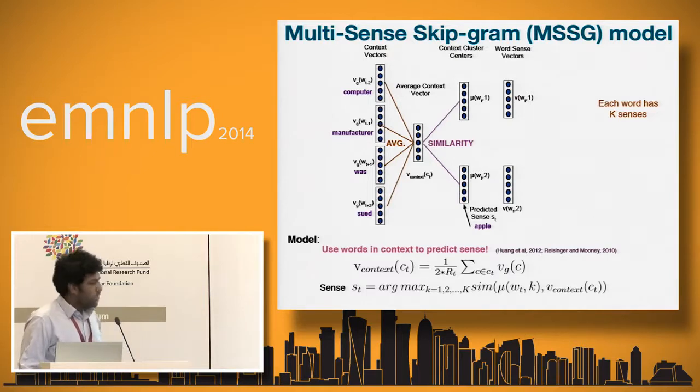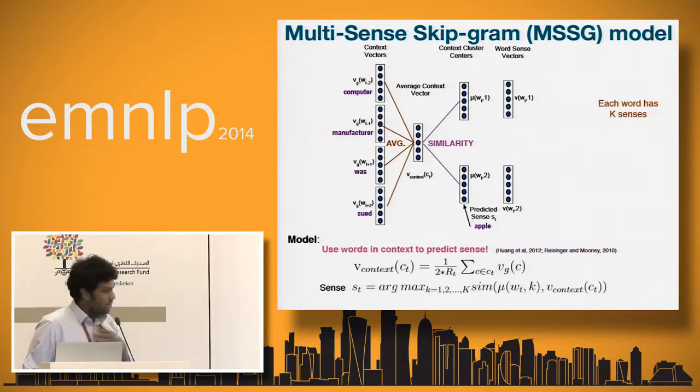How we do this is we first get the vector representation of a context, which is the average of the global vector representations of the words in the context. Then we pick the cluster that has maximum similarity with this context vector. This is very simple and related to previous work, but the crucial difference is we do this when we are actually learning the embeddings and not as a pre-processing step.